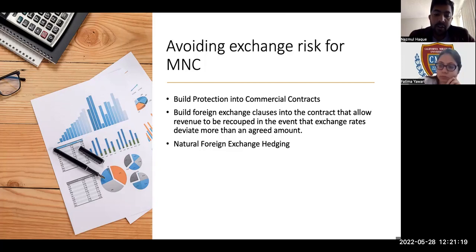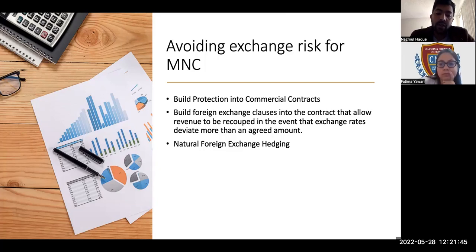This can be very effective in protecting against foreign exchange volatility, but it does require the legal language in the contract to be strong and to indicate very clearly against which exchange rate is measured.